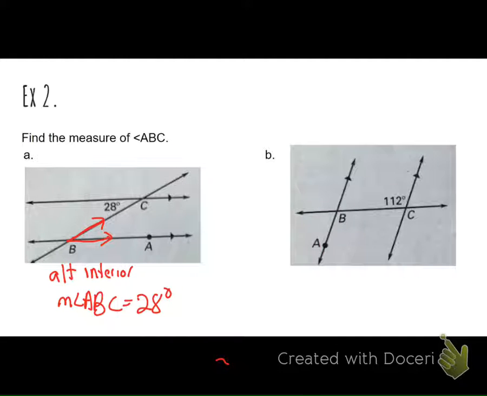Okay, here we have ABC as well, the one in red. What's the relationship between the 112 degrees and that ABC angle? Alternate interior. And we know that alternate interior angles are congruent. So the measure of angle ABC is going to be 112 degrees.